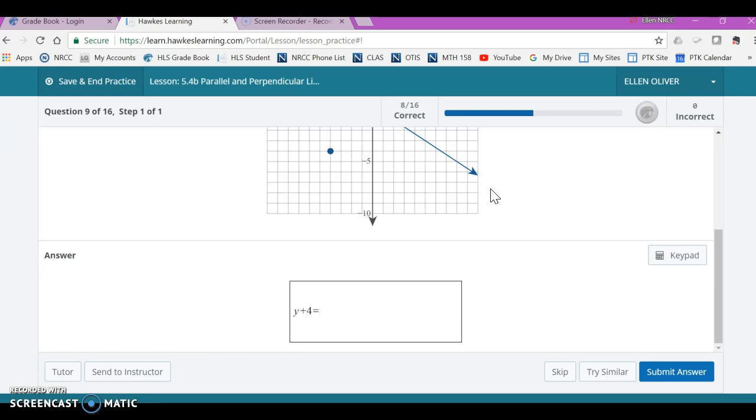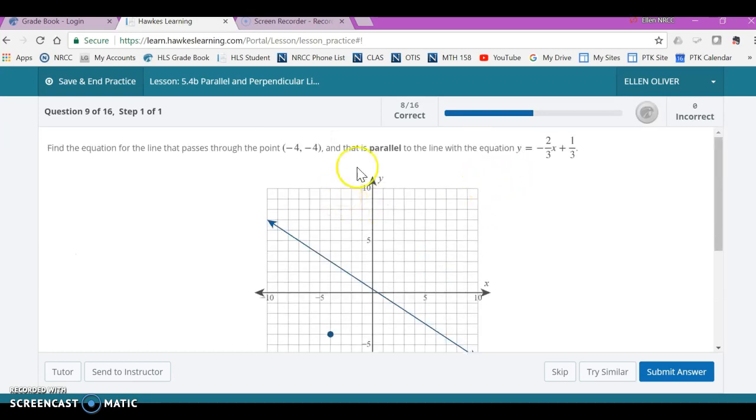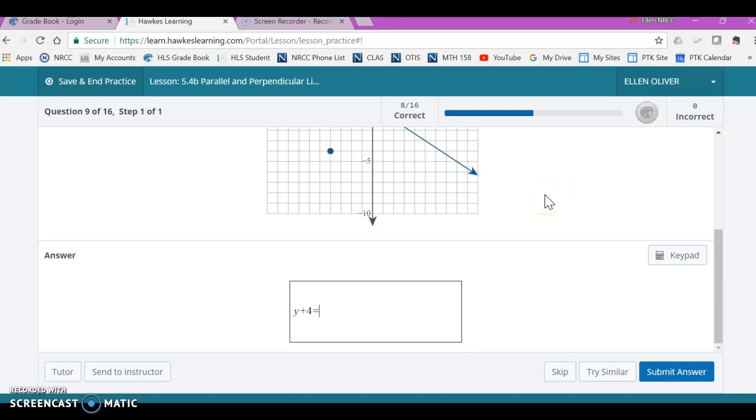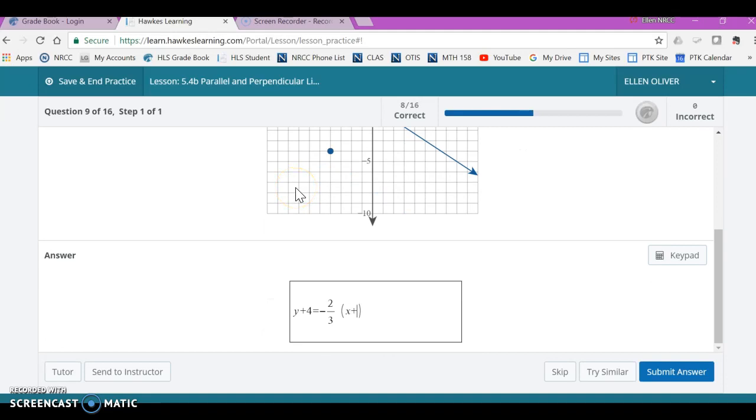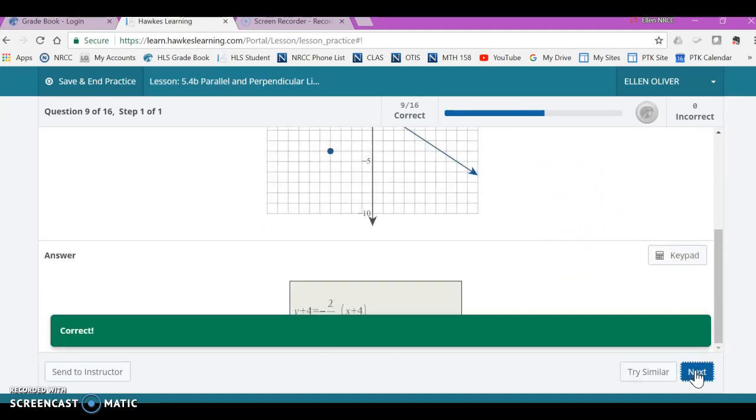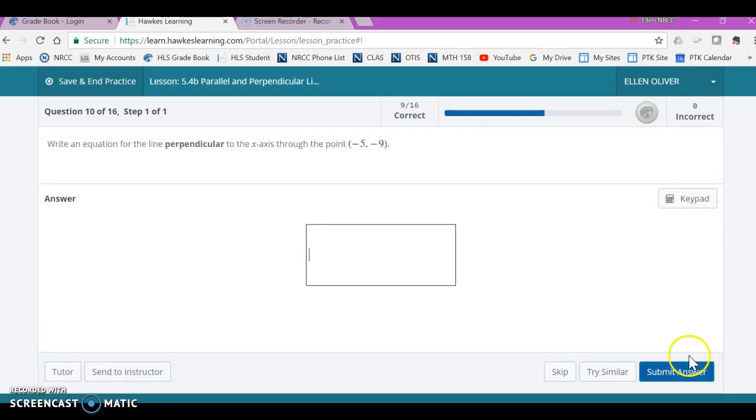And we'll see if it will let us answer it in this format. Slope here is negative 2/3. And it'll be x minus negative 4, so x plus 4. Let's see if it'll take it like that. Yep, so we don't even have to convert it.